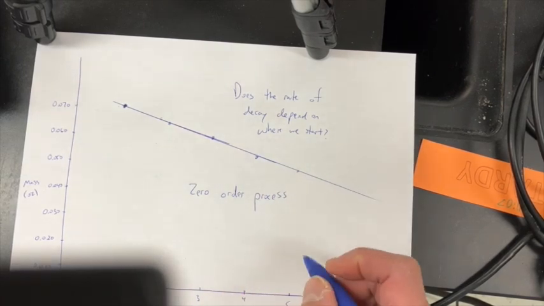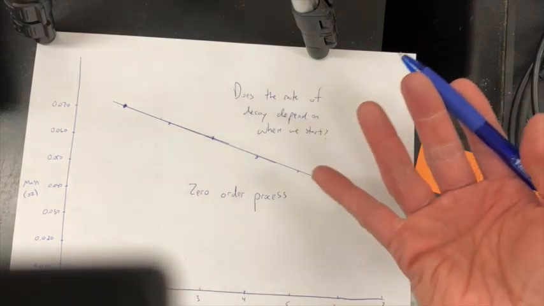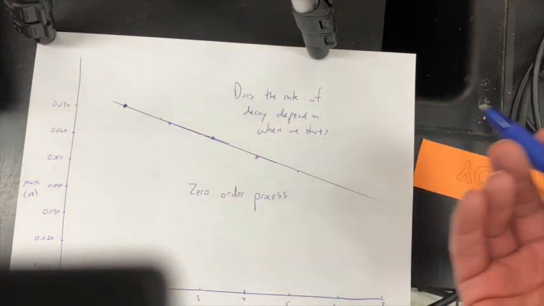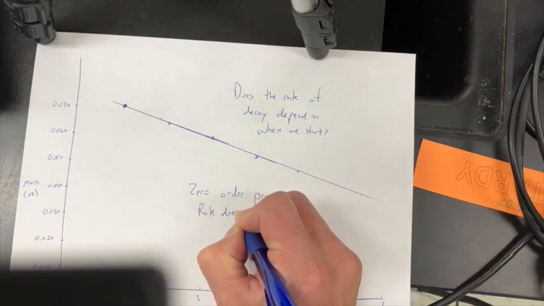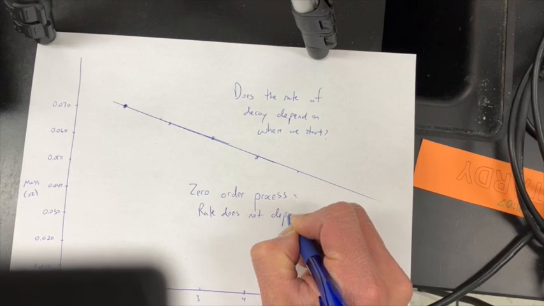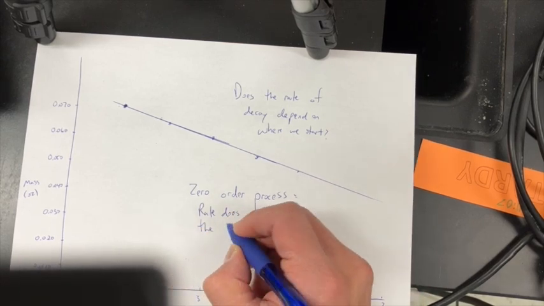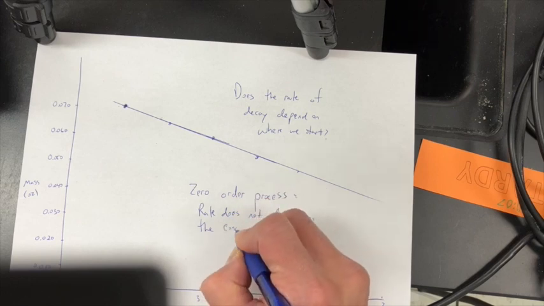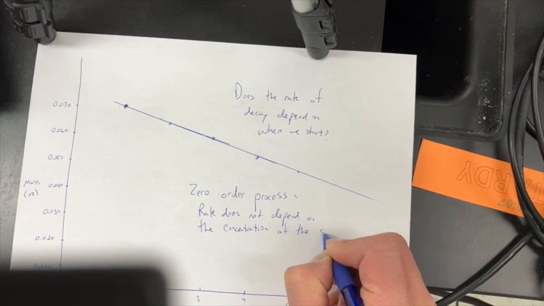So zero order process means that the rate does not depend on how much candle we have or the concentration of the substance.